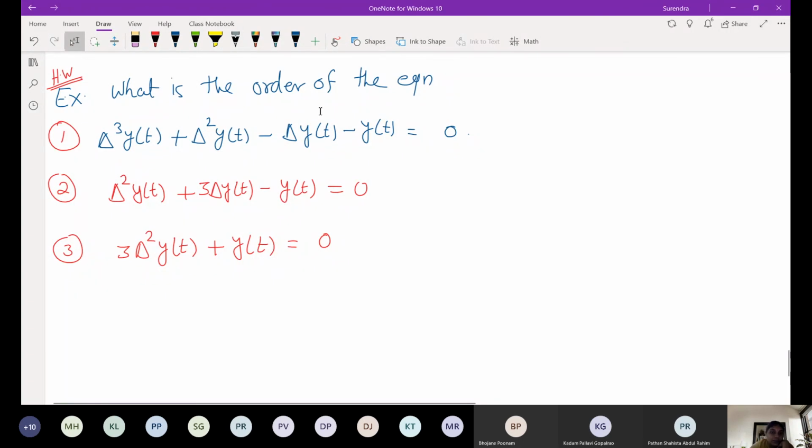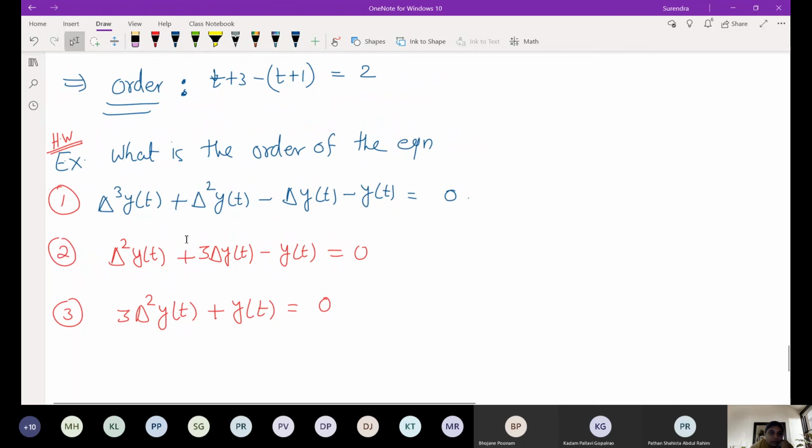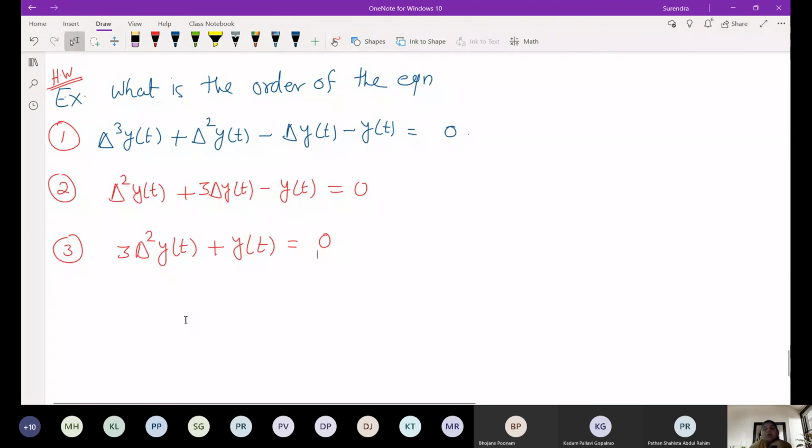What you have to do for this? You have to expand delta in terms of E and I, and then again from the E operator you write in terms of y at t plus n, right, like that. And then order means highest argument minus lowest argument. Is that okay? Yes, ma'am.